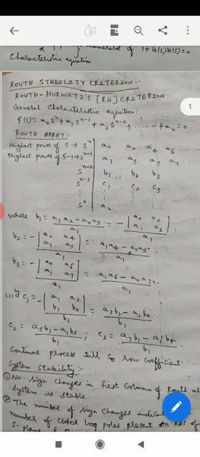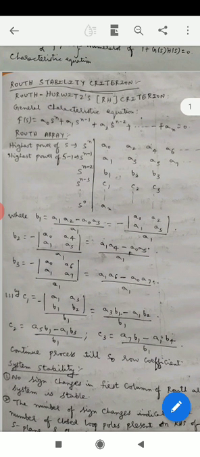In the second row, we take the next highest power of s, that is s power n minus 1. What is its coefficient here? It is a1. Then s power n minus 1 minus 2, which is s power n minus 3, has coefficient a3.